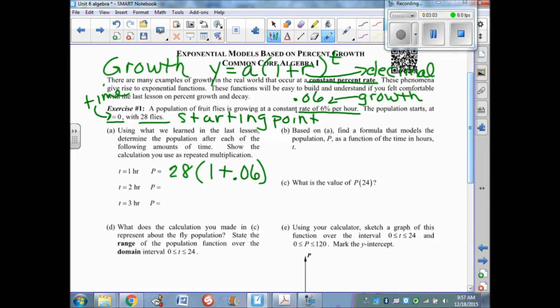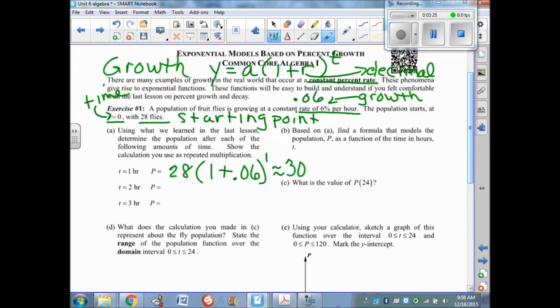And then what is our time? Our time is 1 hour. So if we go to our calculator and do that calculation, you're going to get a decimal, but we're not going to have part of a fruit fly. So we're going to say approximately 30 fruit flies.